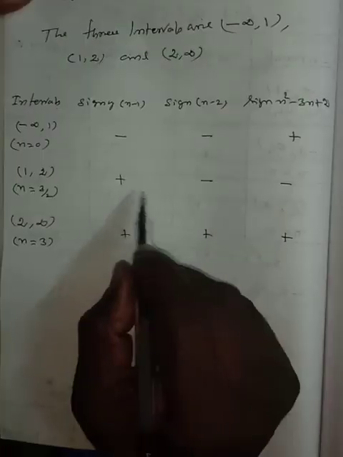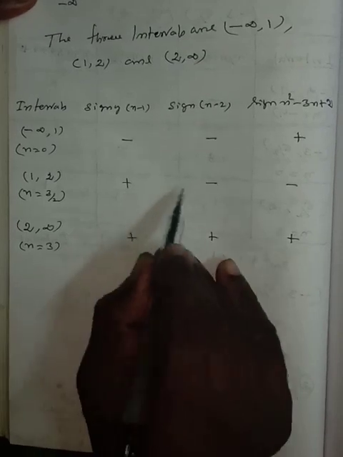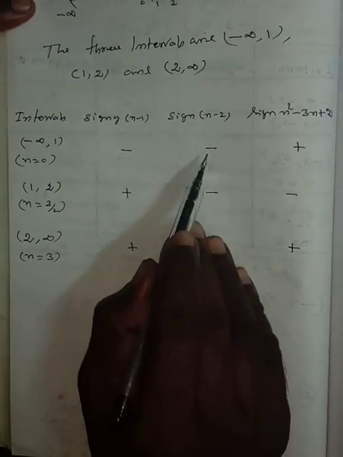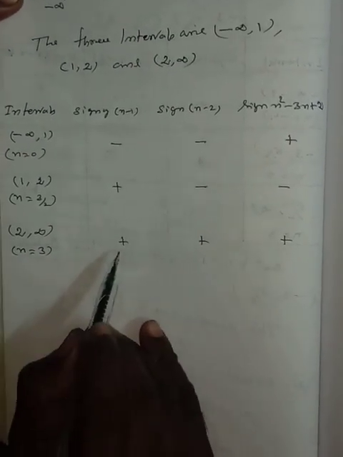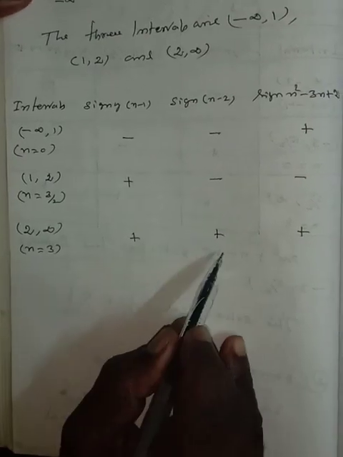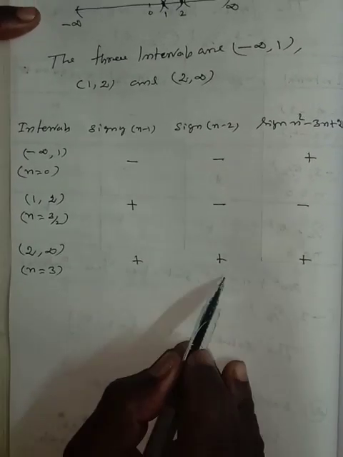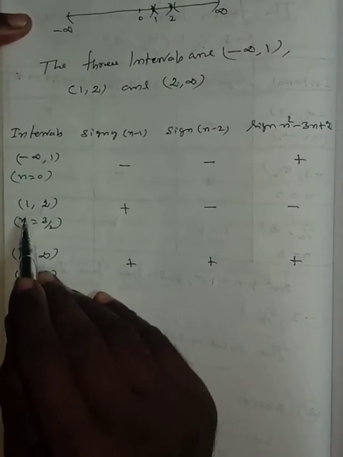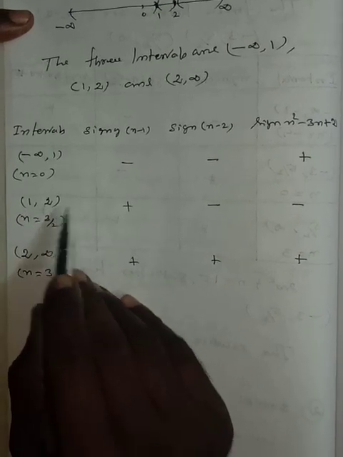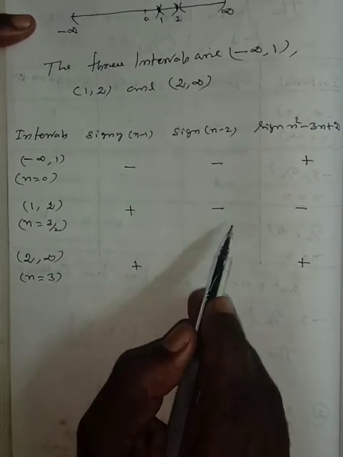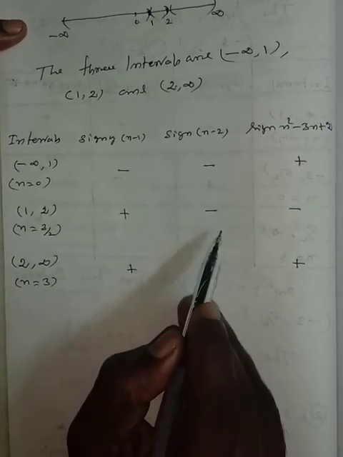Okay. On the first interval it is negative, negative, same sign. The third is positive into positive, so same sign. In the middle, the interval 1 comma 2 gives positive sign, negative sign. So there is a change of sign.